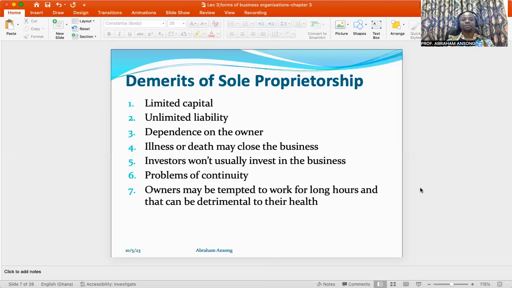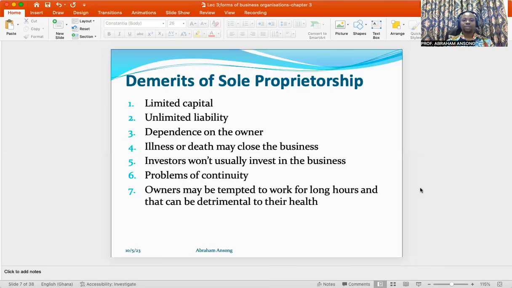All right. They might not be able to open the business to engage in any meaningful transaction with their clients and customers. And if there is death, what it means is that the business also must shut down because the owner is no more.